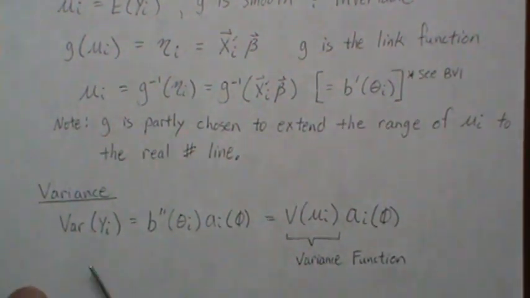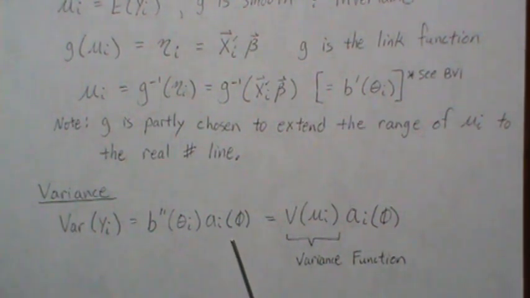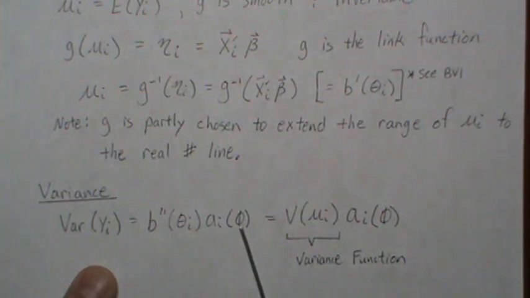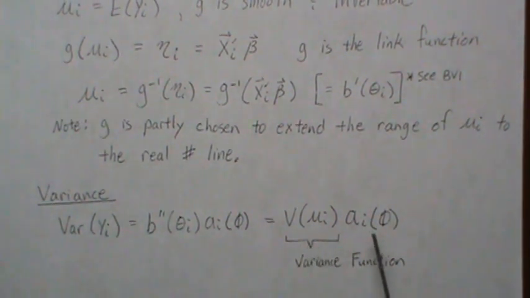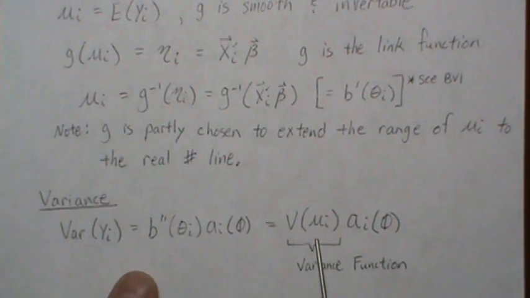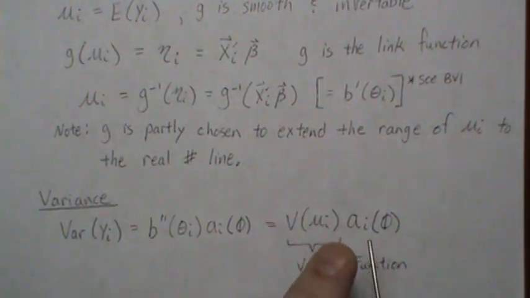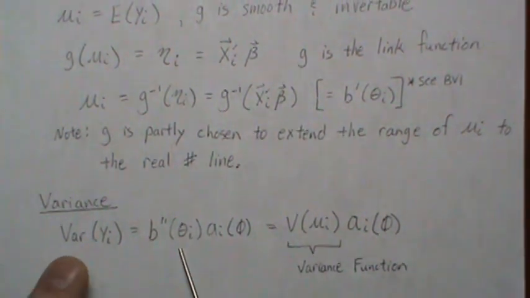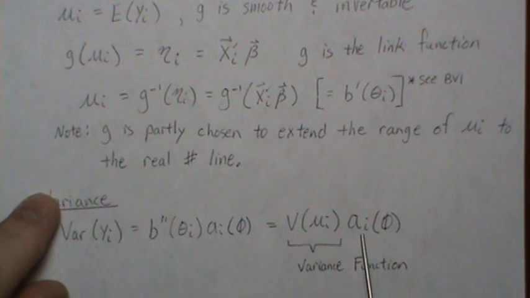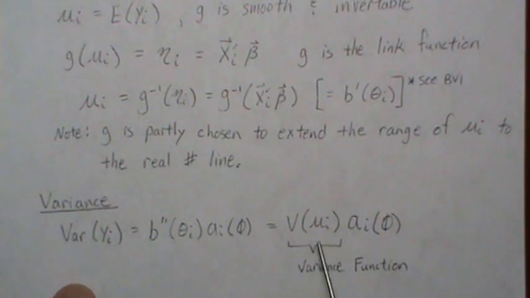The variance of y, which we noted in BV1, is the second derivative of the log partition times this dispersion function, which is phi over w. This part here we let be what's called the variance function. I think in a previous video I wondered why they called it the variance when the variance is everything. Well, that's because it's the variance in our exponential family, and the dispersion parameter is just a multiplicative constant of that.